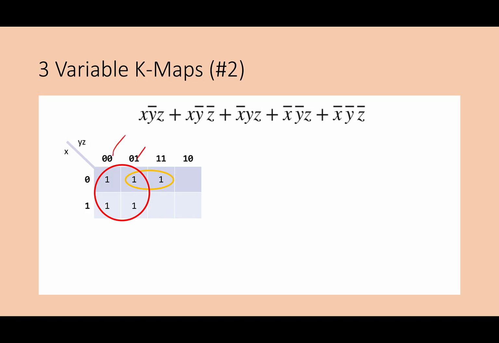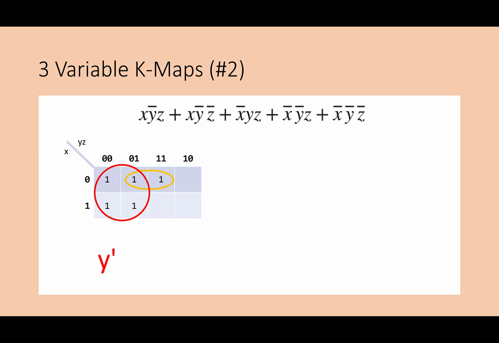So the only thing that's constant is it's not y. So look at it this way. If every single time I have a y bar, x and z's value doesn't matter. I will always get a 1, or always get a true if y bar is true. So the red reduces to just y bar, that's it.